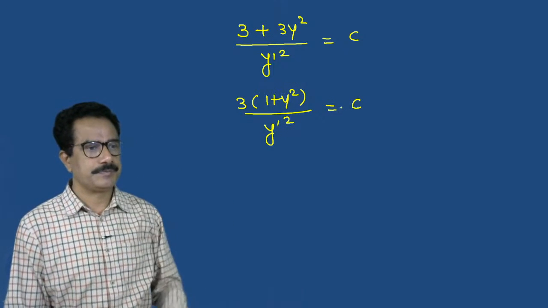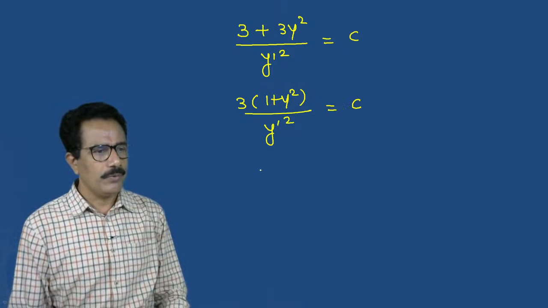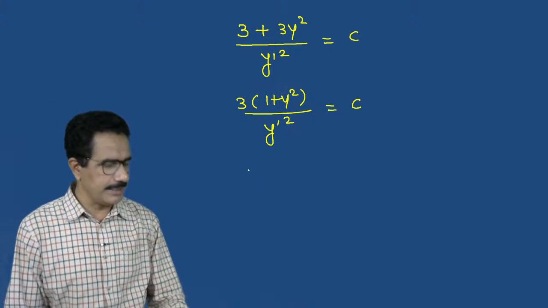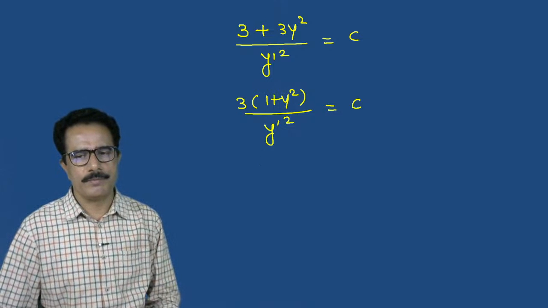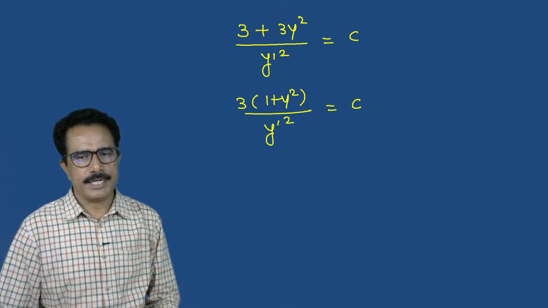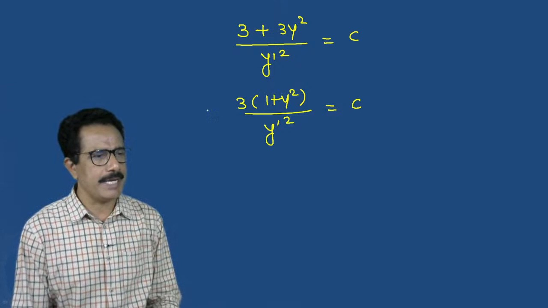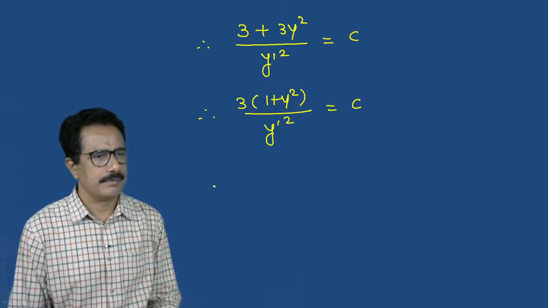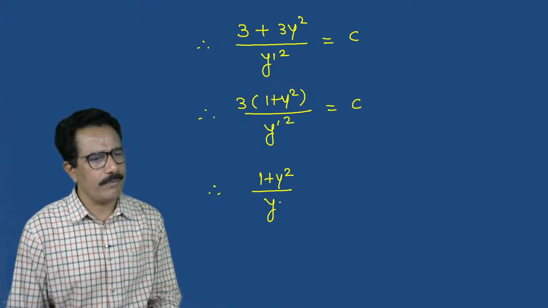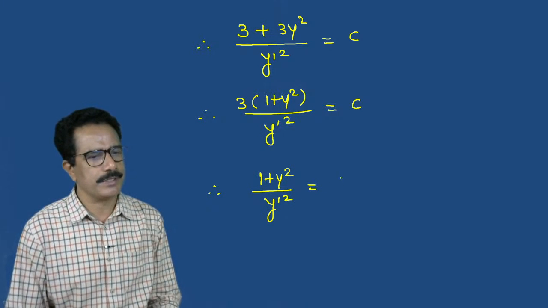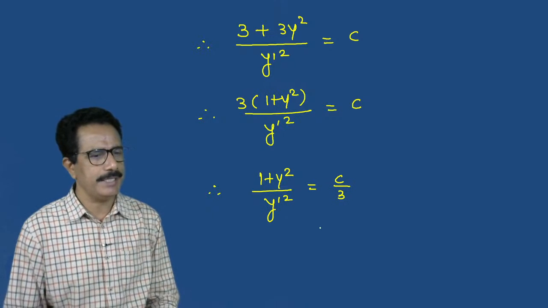Now solve this. So we can write this as 1 plus y square divided by y dash square, which is equal to c divided by 3.